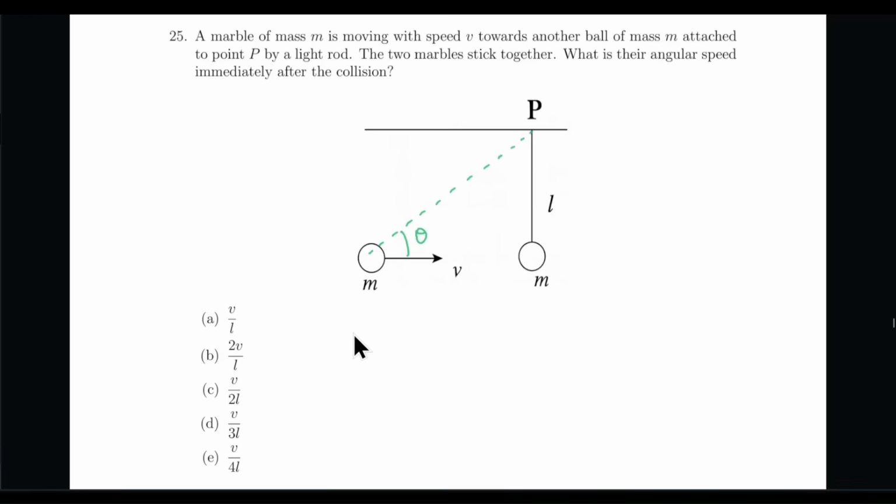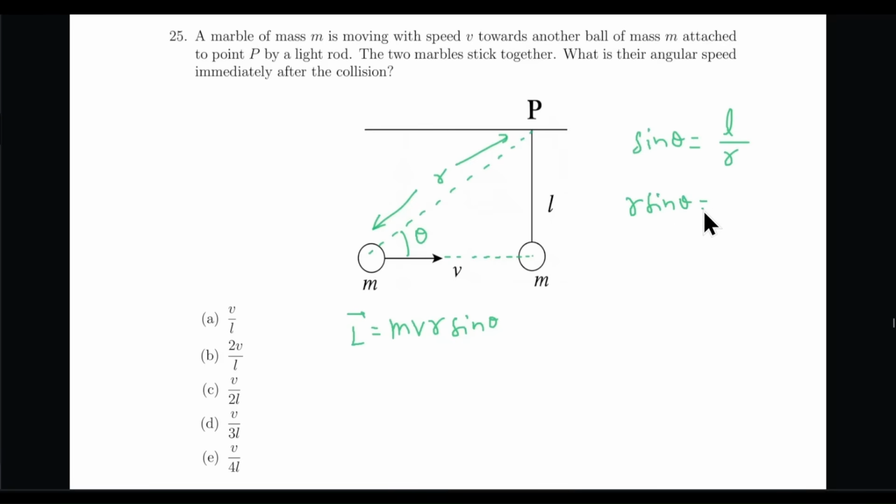I hope you remember the special formula for the angular momentum of a point mass. It is mvr sine theta, where r is the distance between that point and the pivot, theta is the angle between the velocity and the r, and v is just v. We don't know theta, and we don't know r, so I made this triangle, so that sine theta is opposite over hypotenuse.